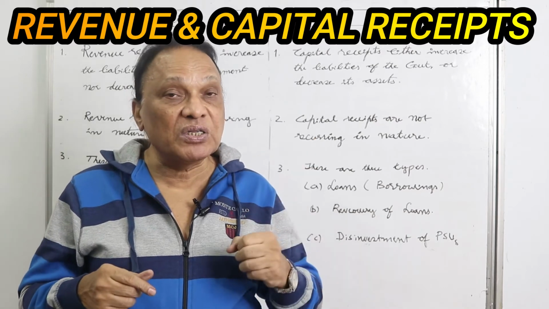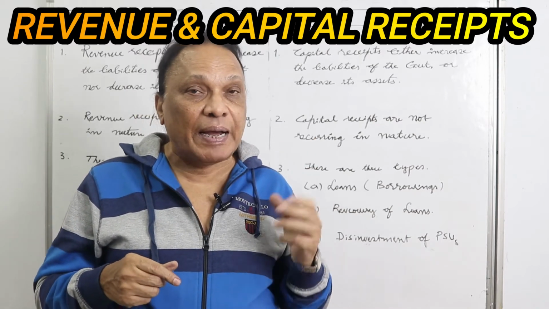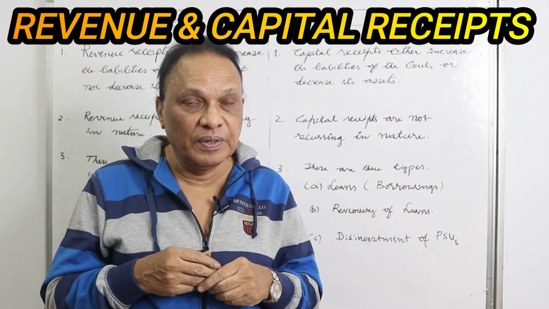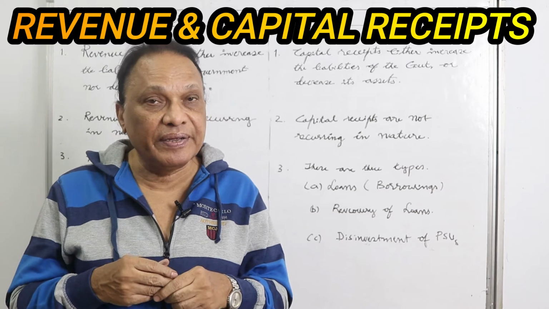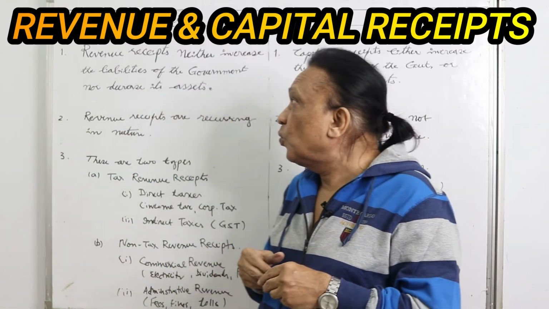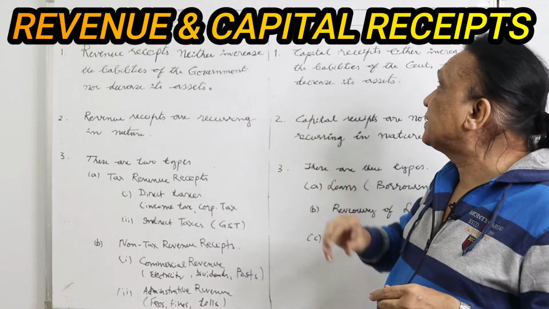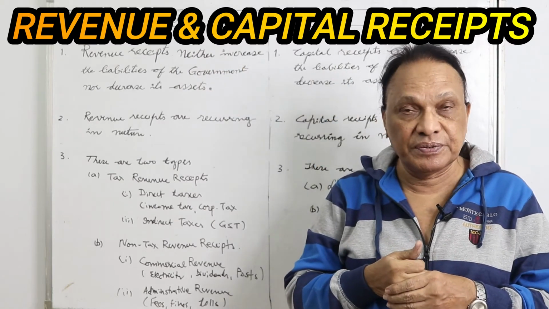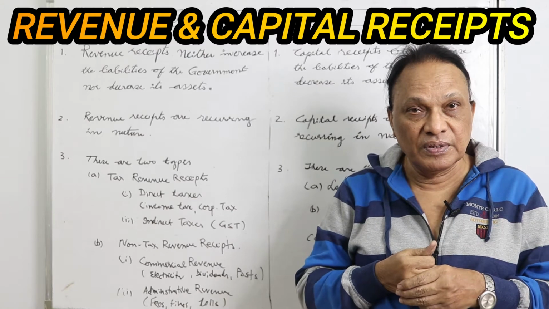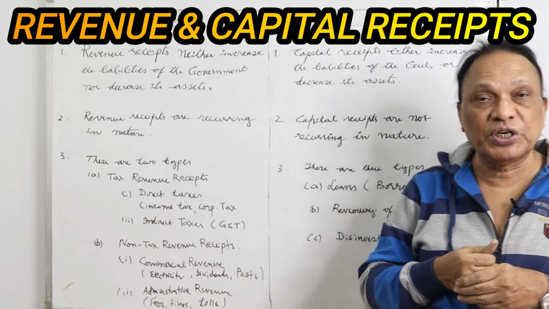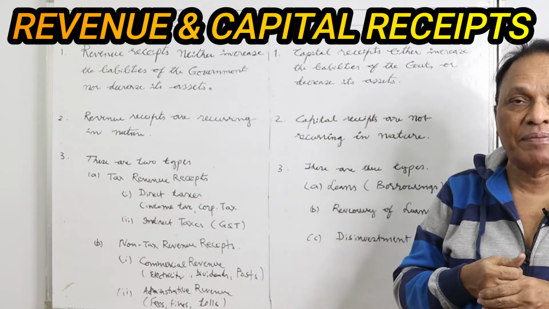Capital budget also has two components, capital receipts and capital expenditure. Today in this short video, we're discussing the difference between revenue receipts and capital receipts.